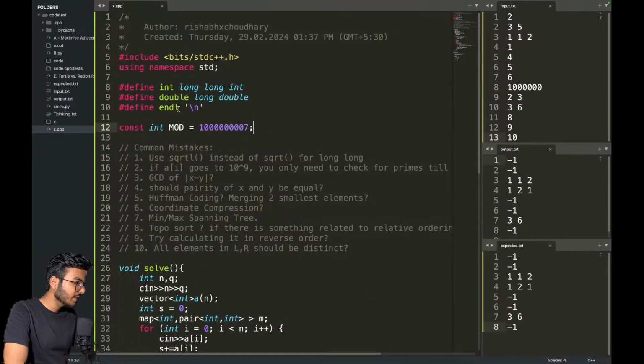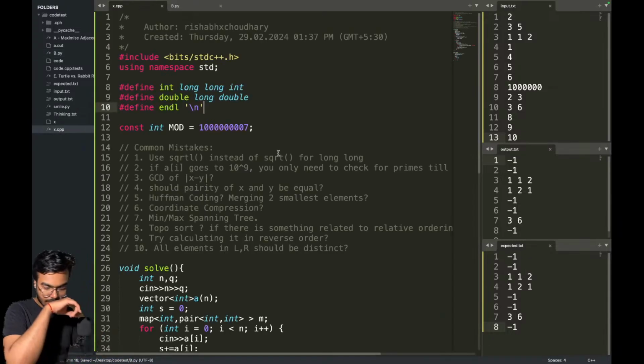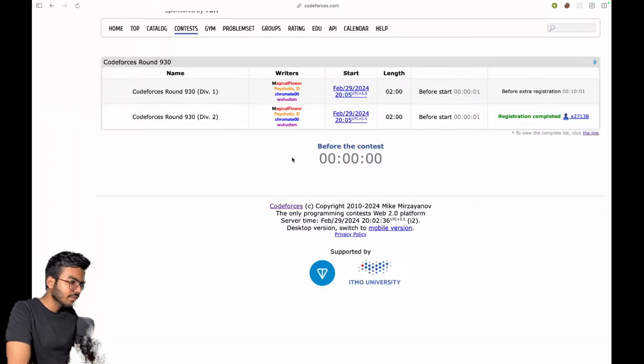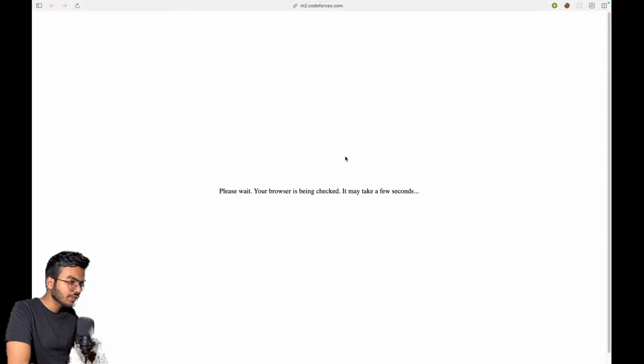I'll be using Sublime for the coding, and I will code in either C++ or Python, whatever I prefer at that particular time. Okay, the contest has started, and I think I will use m2.codeforces because I think that is much faster.